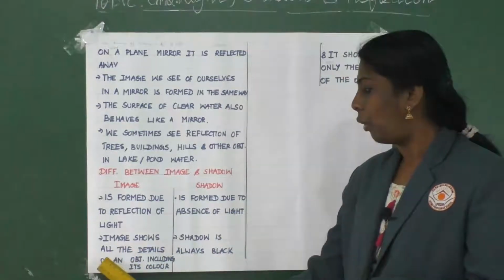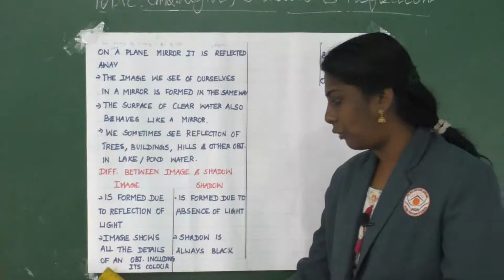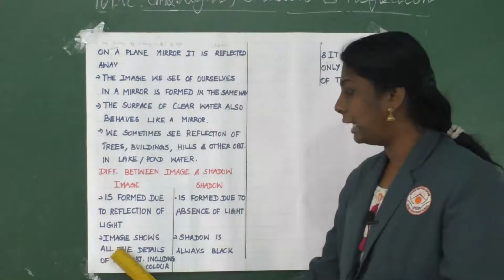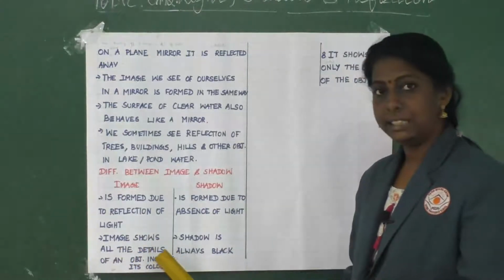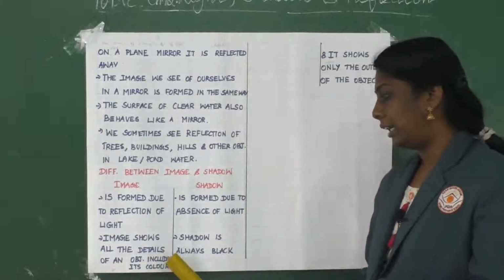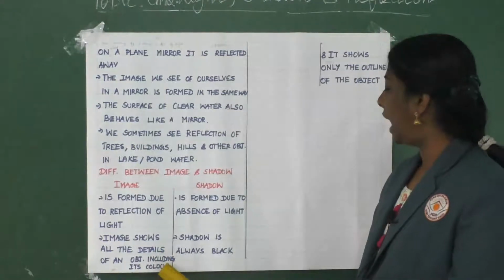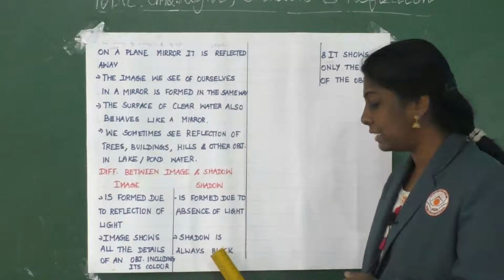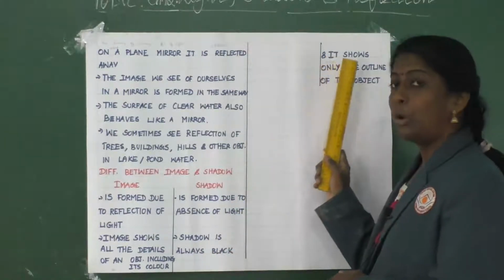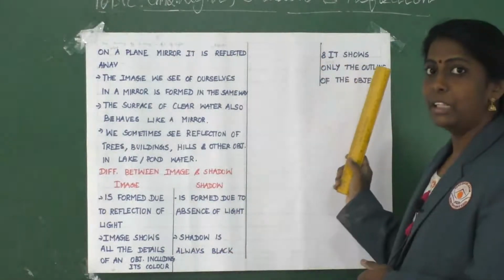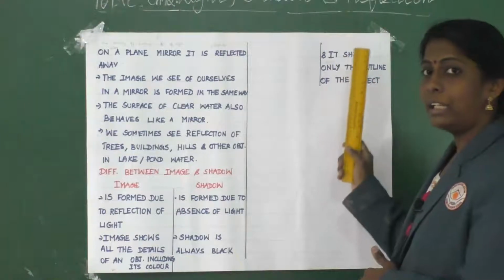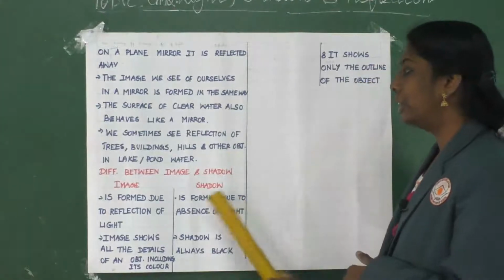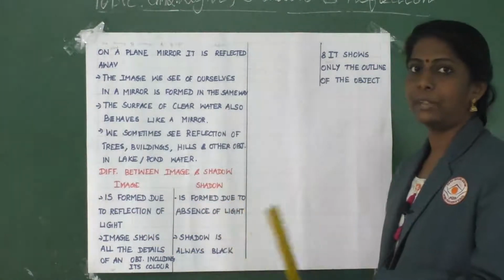Image shows all the details of an object including its color, whereas shadow is always black and shows only the outline of the object. Clear, children? So this is the difference between image and shadow.